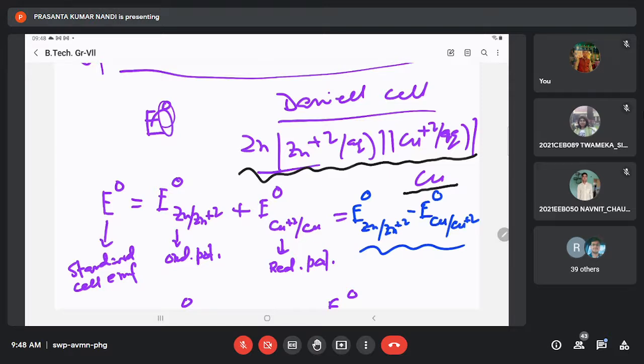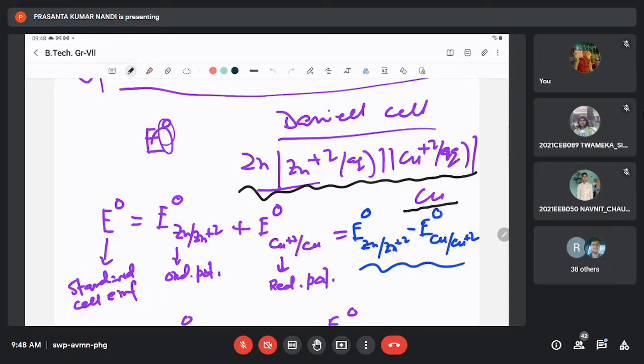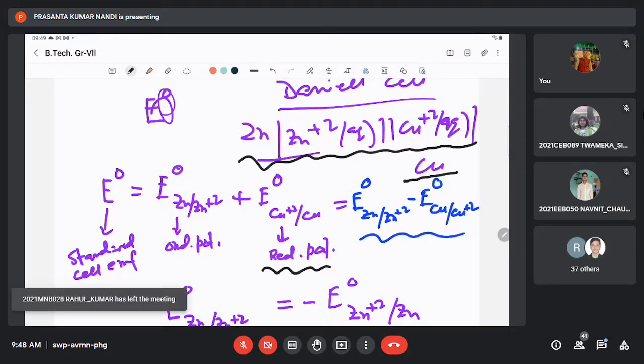What is the relation between these two? The reduction potential can be written as the oxidation potential, and the only thing is that a negative sign will appear. So instead of E0 Cu2+ to Cu, we have to write minus E0 Cu to Cu2+.